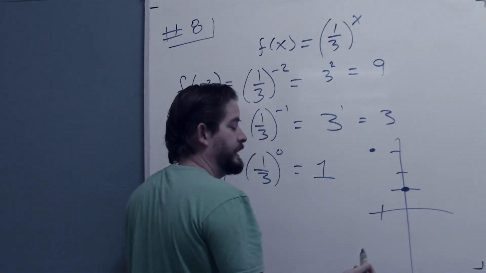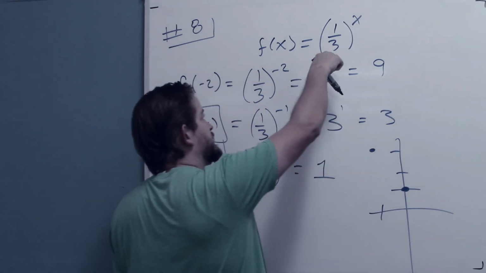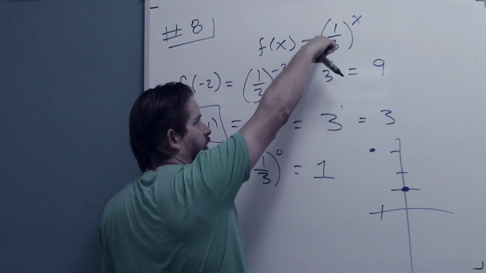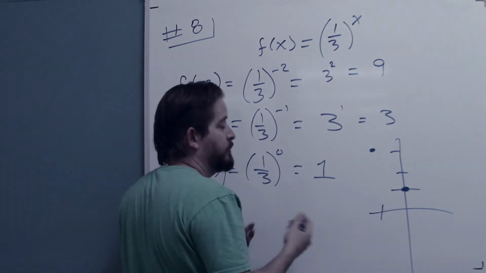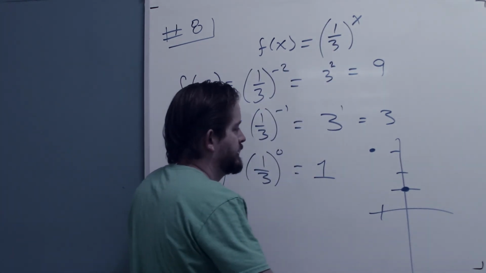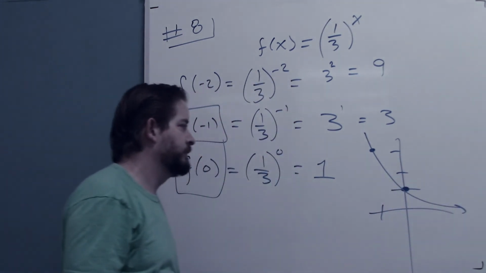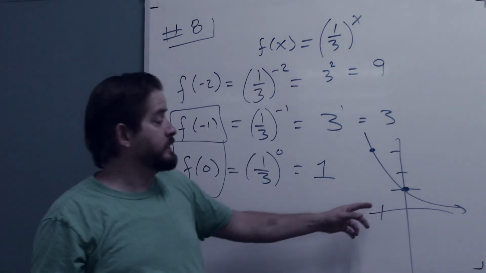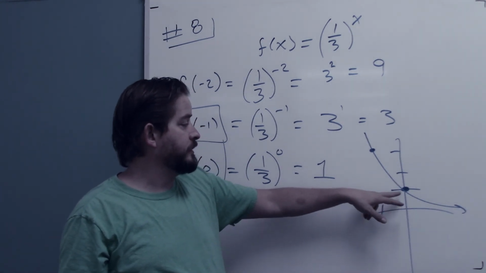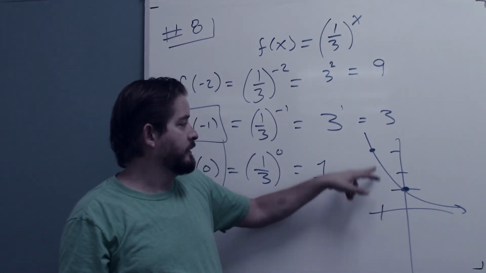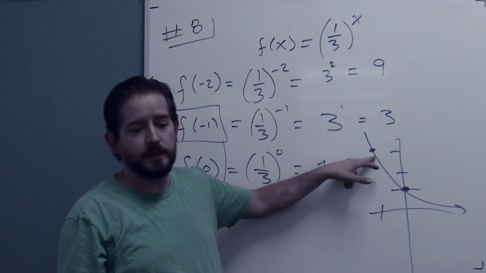I know this is exponential, I know it's decreasing because my base is less than 1, and so I end up having this, right? And again, it should be easy because there's only going to be one graph down there that has the points (0, 1) and (-1, 3).